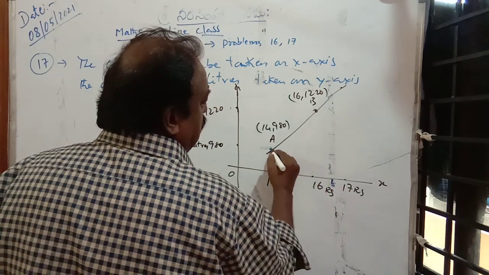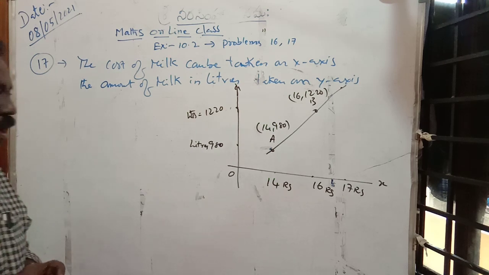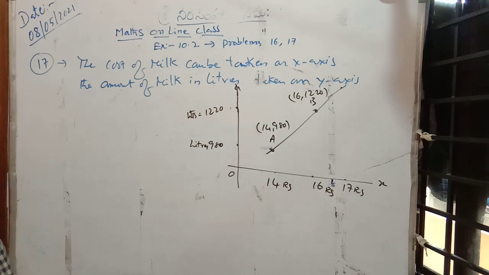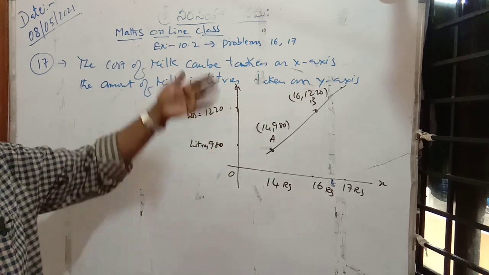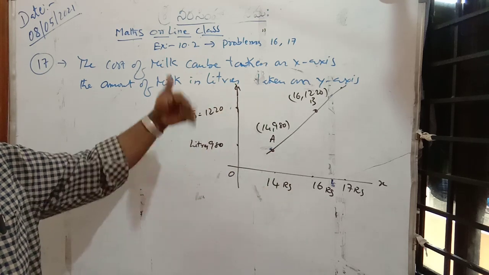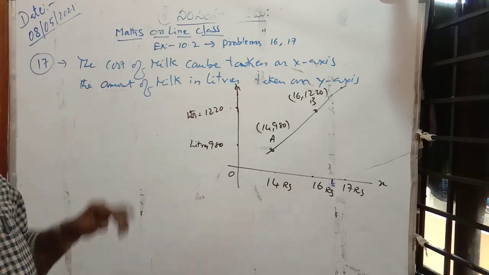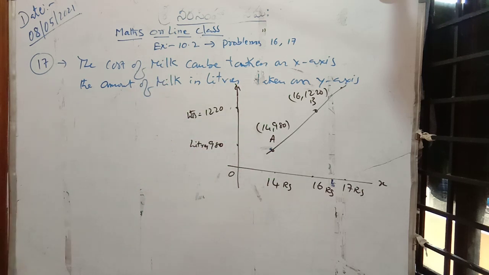A line is passing through these. That is the concept. Slowly observe it. We are given the milk cost 14 rupees, 980 liters will be sold. If it is 16 rupees, it will be 1,220. So there are 2 points on the line.